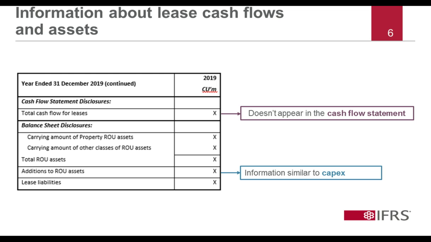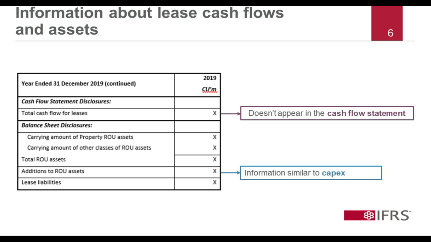Because there's no equivalent cash flow for leases, some investors and analysts have some concerns about not having comparable information about effective CapEx between leased and owned assets. This feedback is the reason why we decided to include the additions to right-of-use assets disclosure requirement that you can see further down in the table.